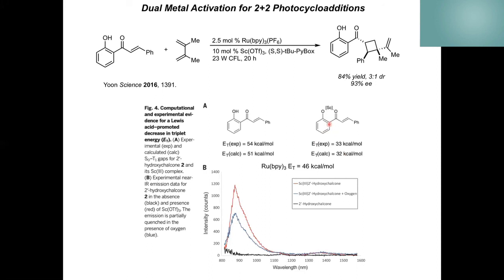And this is really important because the other metal catalyst that's used in this system is ruthenium trisbipyridine, which I don't know that I have to go into lots of detail.